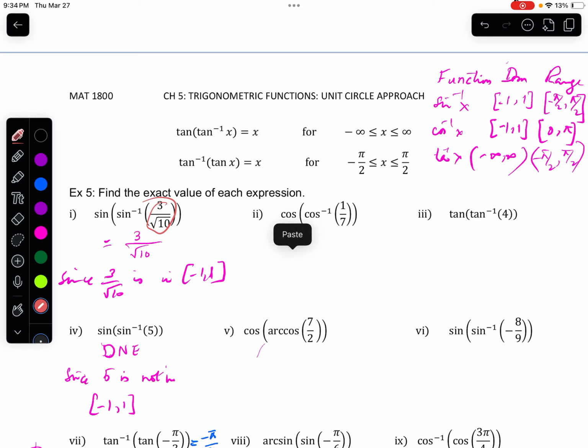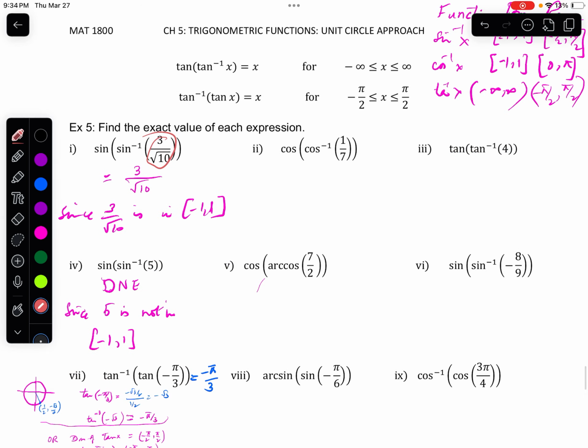Looking at number 4, it says sine of sine inverse of 5. So what will that be? We have to check, does 5 live in the domain of sine inverse x? Well, sine inverse x has the domain negative 1 to 1, and 5 is not in there. So this does not exist. Why does it not exist?